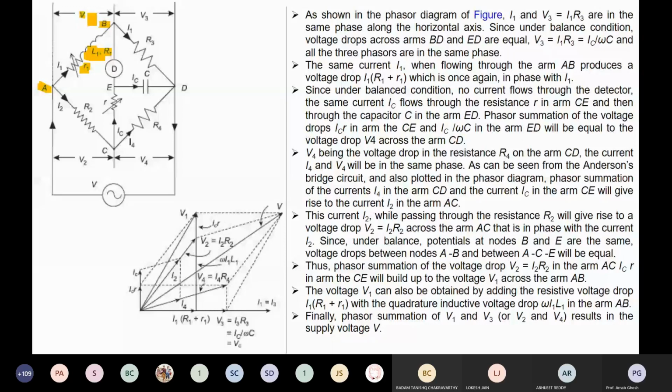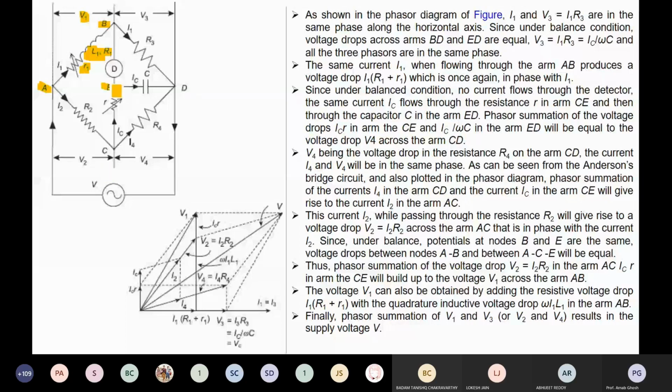In this case V1 is not equal to V2. For the balance condition, V1 equals V2 plus the current passing through this path, IC, into R. Sorry, the potential drop V1, that means VAB equals VAC plus VCE. So those are the basic conventions for the Anderson bridge.